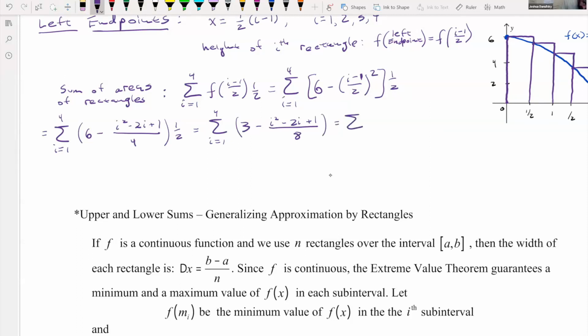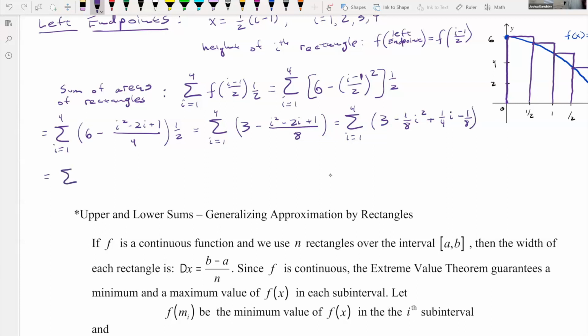We have the sum, i equals 1 to 4. I'm going to split up this guy here into 3 separate fractions, distributing the negative sign. So watch carefully. We've got our 3. Let's write it like this. Let's write minus 1/8 i squared. Then distributing the negative, we're going to have positive 2 over 8, which is 1/4 i. And then distributing the negative, we're going to have a minus 1 over 8, like that.